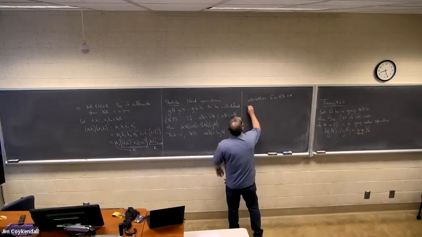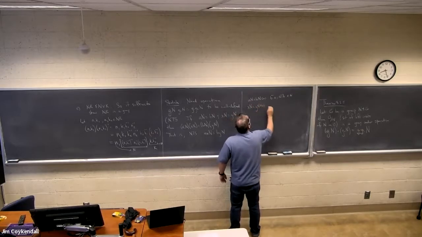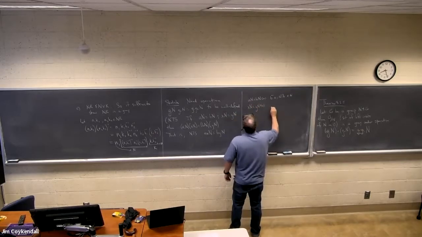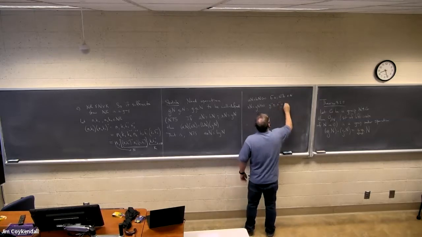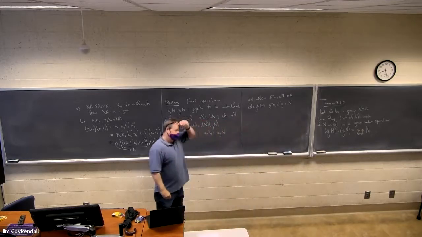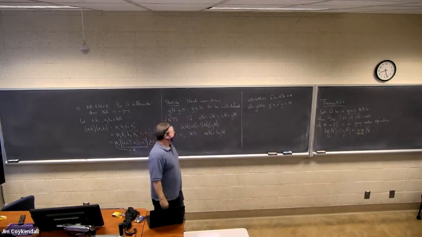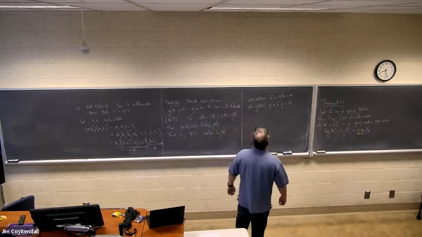We also have x ≡ y mod N if and only if y inverse x, which is the same thing as x inverse y, is in N.